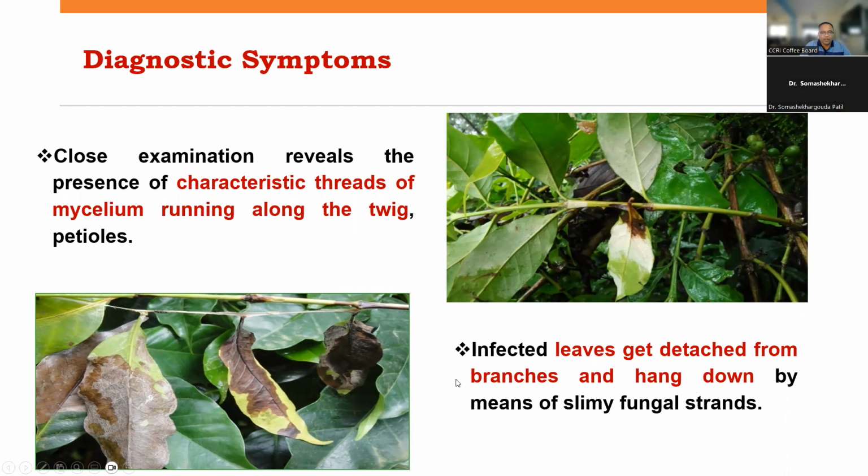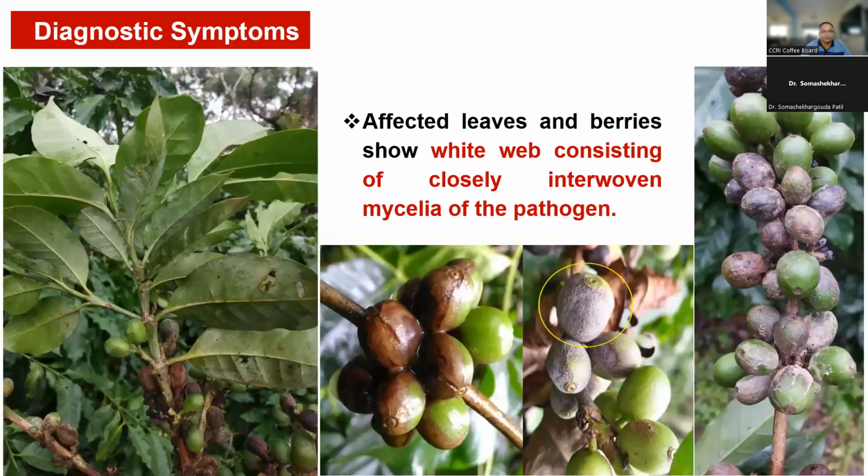This is also one of the very important diagnostic symptoms of the black rot disease. And further, as we already discussed, there will be a powdery growth. This is nothing but very closely interwoven mycelia of this pathogen.